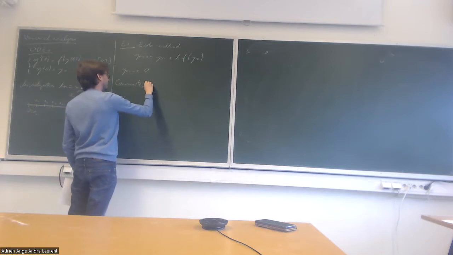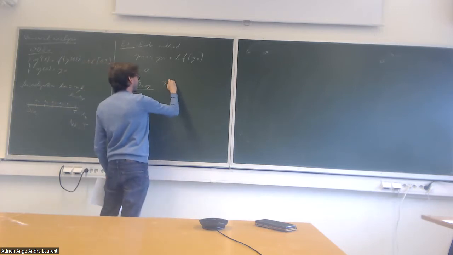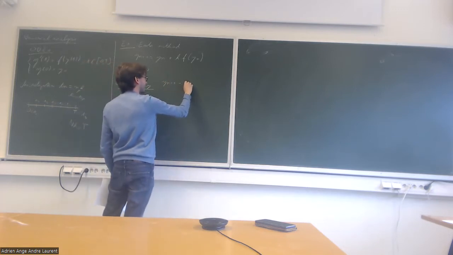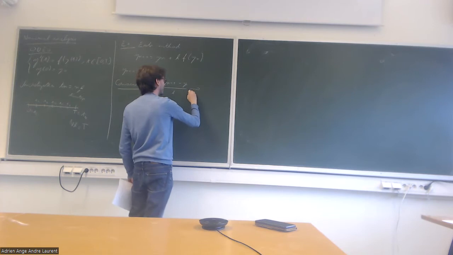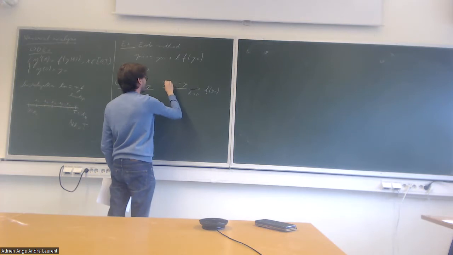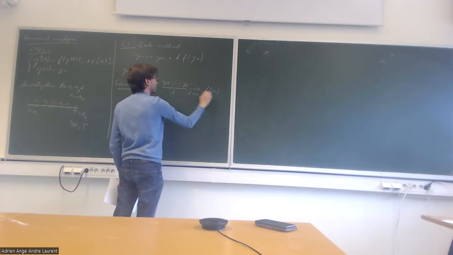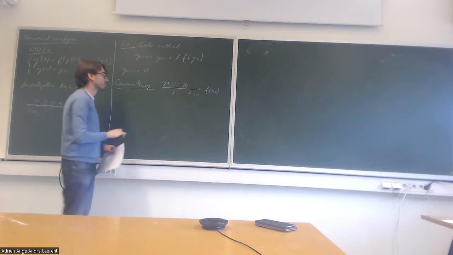This consistency means that (y_{n+1} minus y_n) divided by h converges, when h goes to 0, to f, maybe for only one step. That's called consistency.